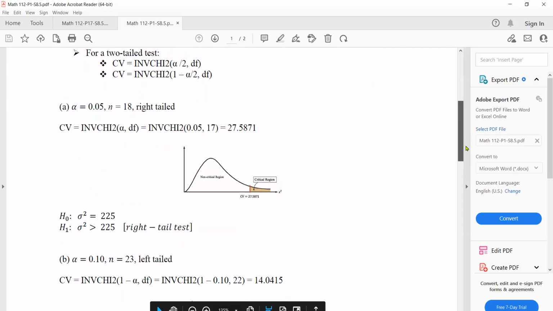So go ahead and draw your distribution and put in your critical value, 27.5871, somewhere in the right tail, as you see on the screen here. And then just set up your null and your alternative. She just wants you to see that you're doing the setup there.